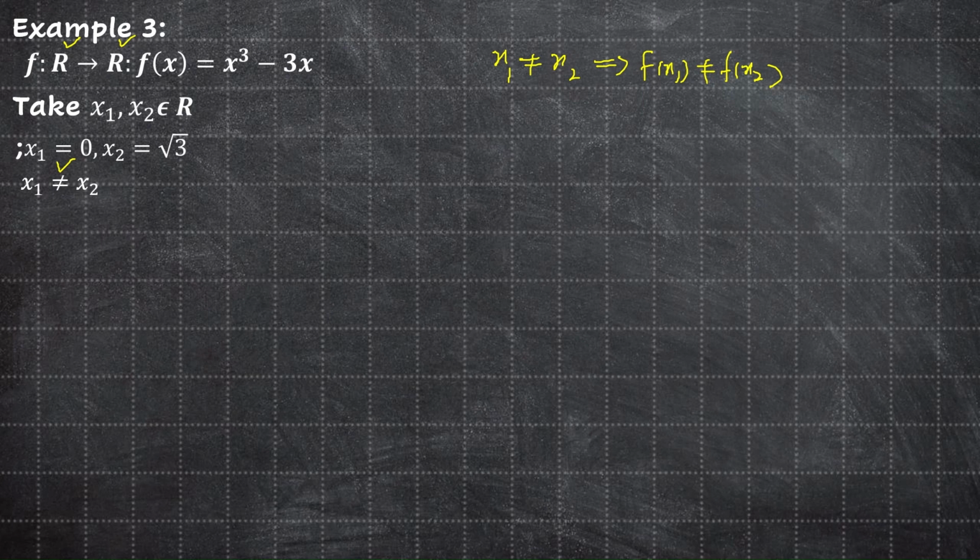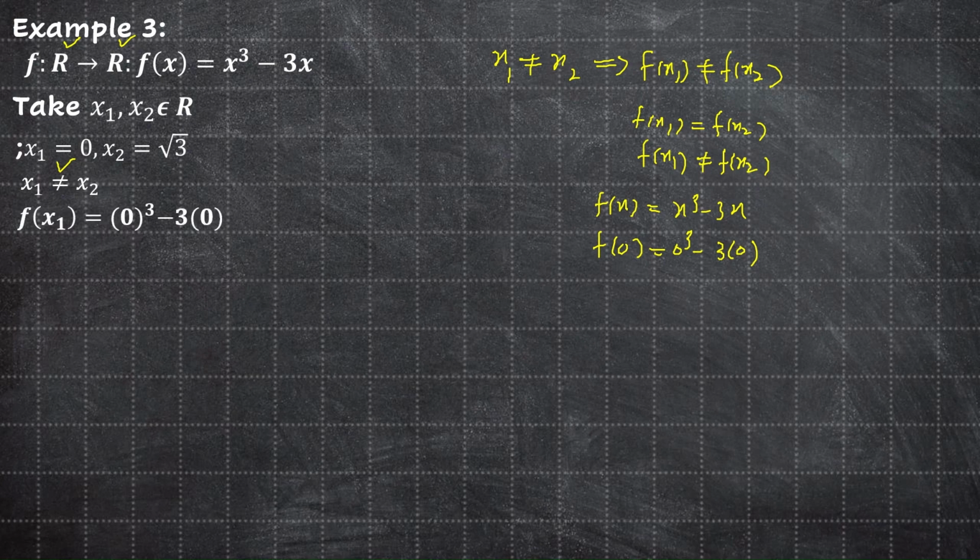Now we check whether f of x1 is equal to f of x2 or f of x1 is not equal to f of x2. We are given f of x is equal to x cube minus 3x. Therefore, f of 0 will be 0 cube minus 3 into 0. So, f of x1 is equal to 0.